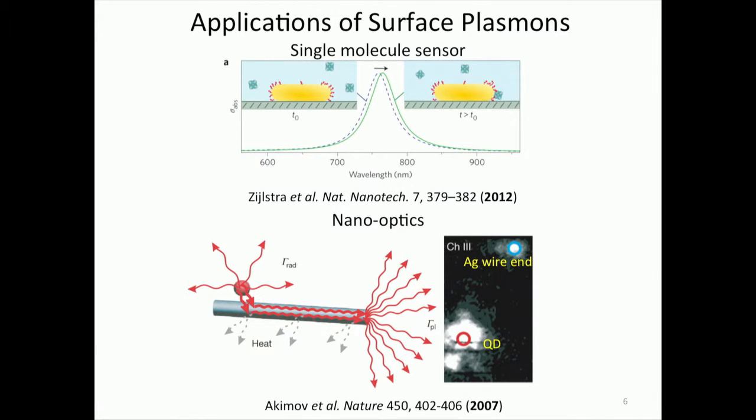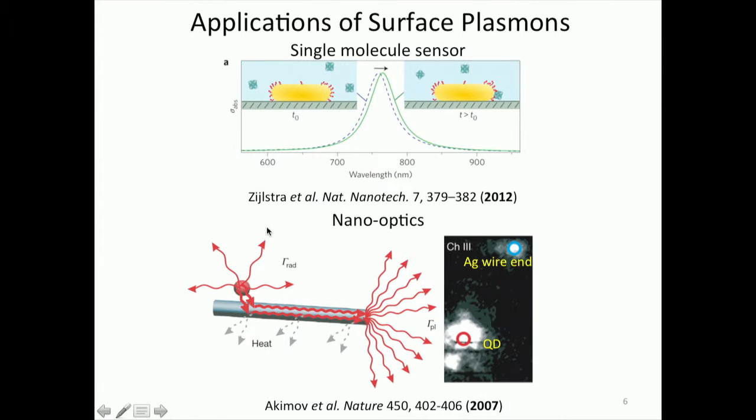If you have a single molecule attached to this rod at a certain time, t, they show that they notice a shift in the surface plasmon resonance. This kind of technique can get down to single molecule sensitivity. So it's very interesting.